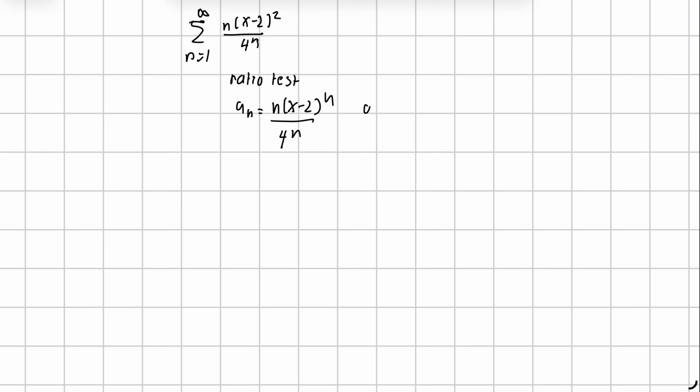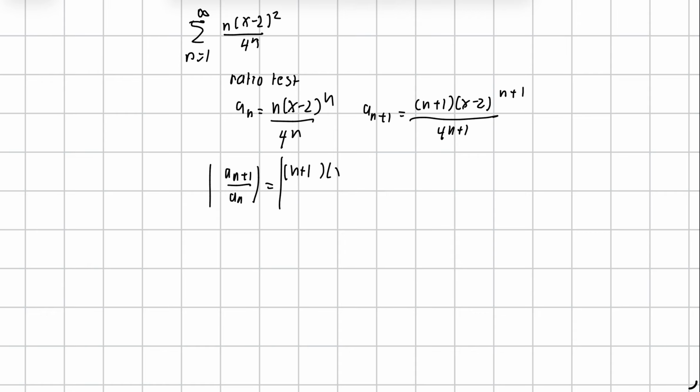So a sub n plus 1 is equal to (n plus 1) times (x minus 2) to the power of n plus 1 all over 4 to the power of n plus 1. We can compute the absolute value of a sub n plus 1 divided by a sub n. That's (n plus 1) times (x minus 2) to the power of n plus 1 over 4 to the power of n plus 1, times 4 to the power of n over n times (x minus 2) to the power of n.